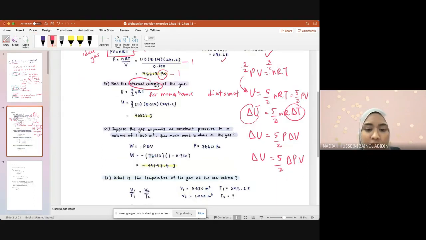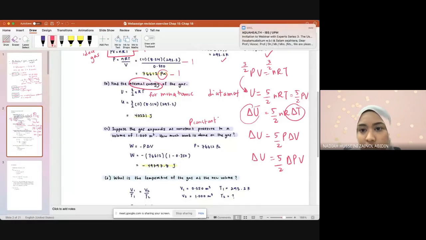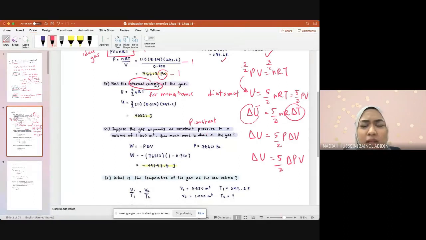C, suppose the gas expands at constant pressure to a volume of 1000 meter cube. So the gas expands at constant pressure. P is constant, so this is an isobaric process.